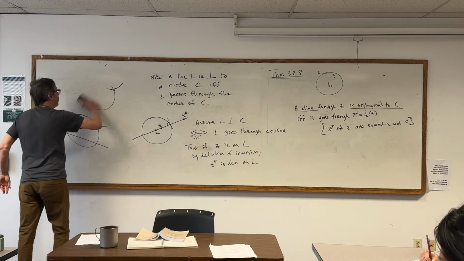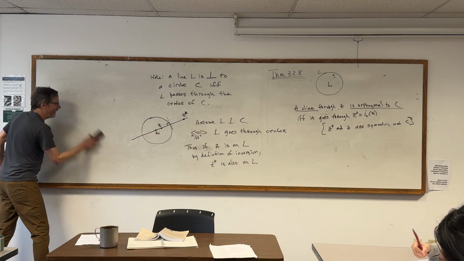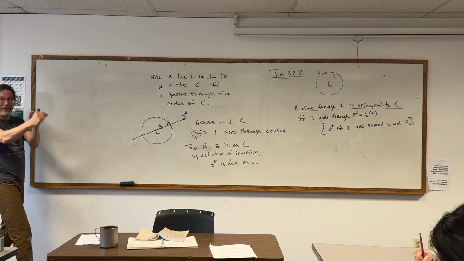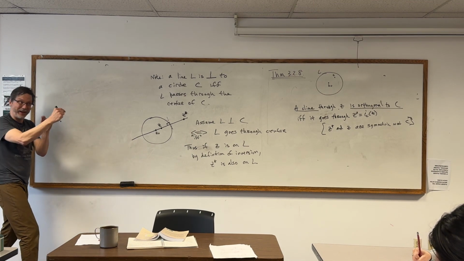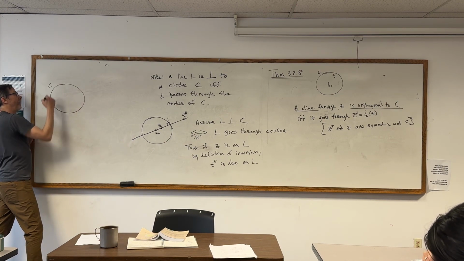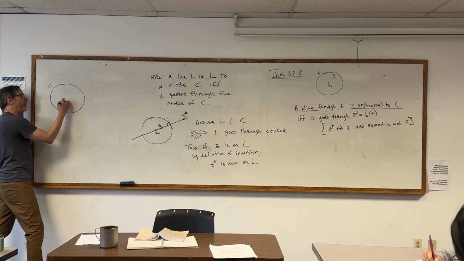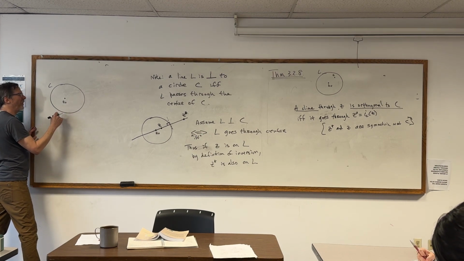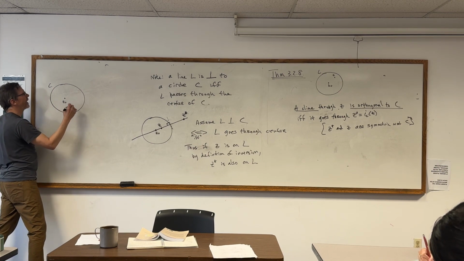So now it gets a little trickier. We're going to assume we have a circle with the z on the circle. Here's the thing we're inverting in. Here's C. We're going to invert in C. Here's its center, Z naught. I think they might call it O or whatever. We'll call it Z naught.